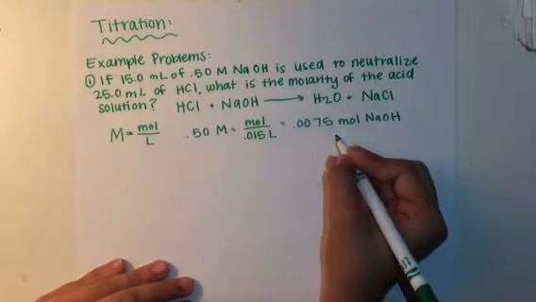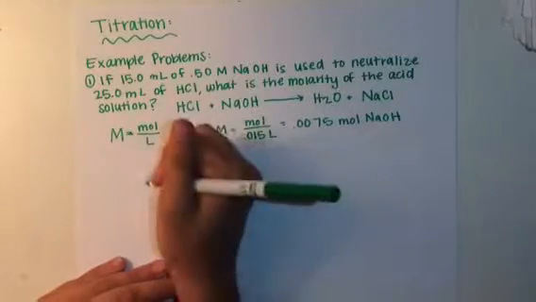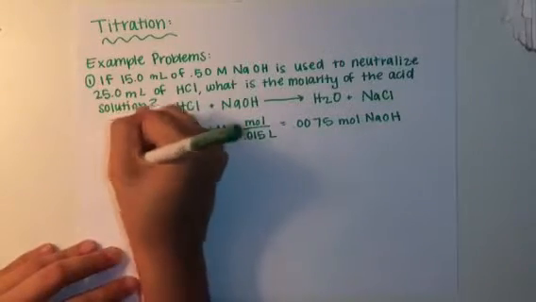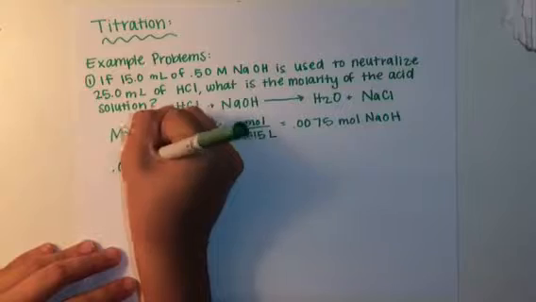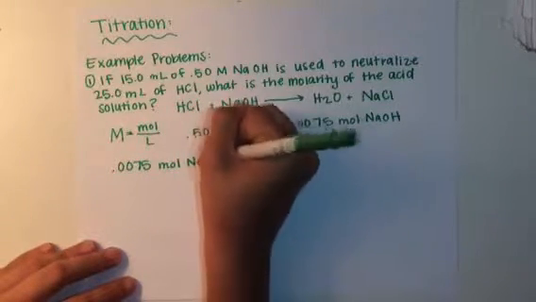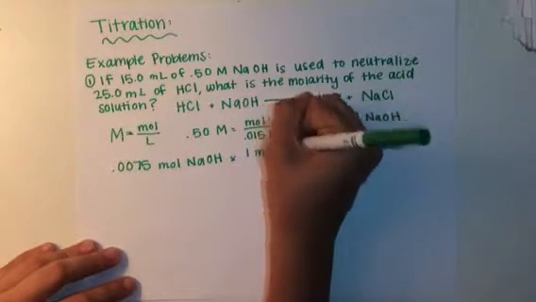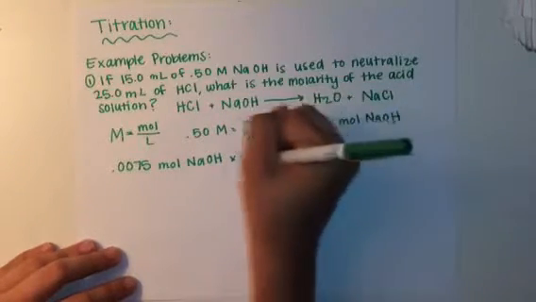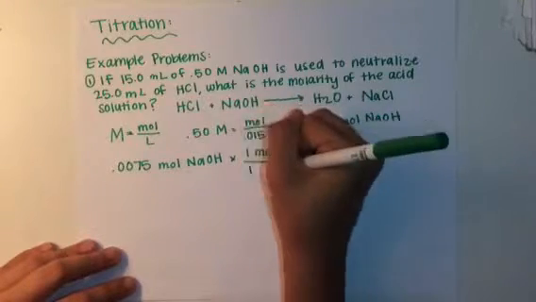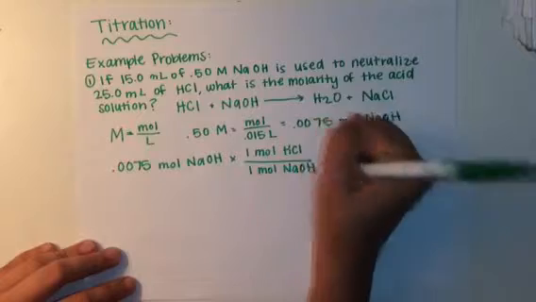Now the next step is to convert these moles to moles of HCl. We take the 0.0075 moles of NaOH and multiply by 1 mole HCl over 1 mole NaOH.